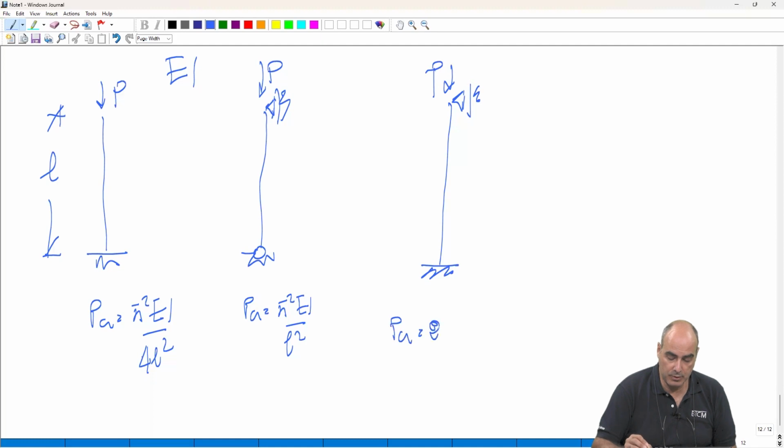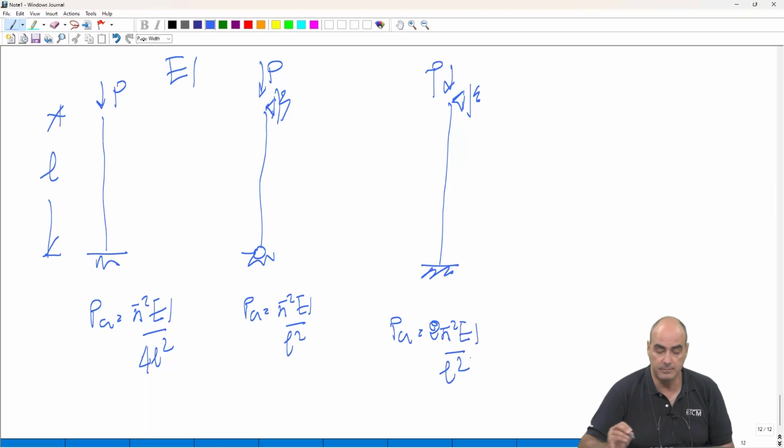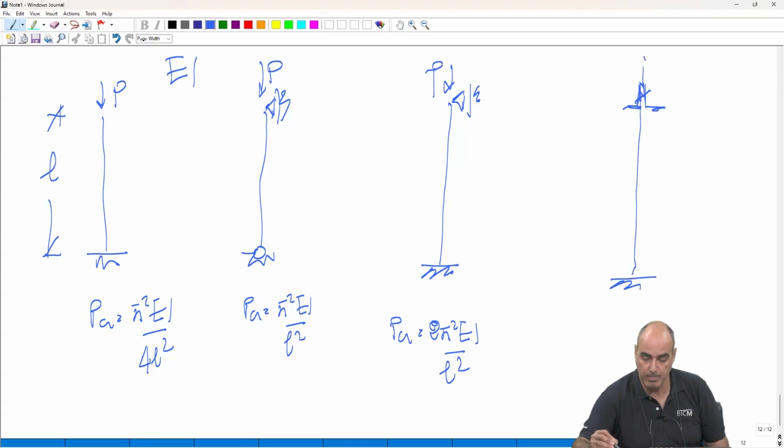Then P critical 2 pi square EJ over L square. Then P critical 4 pi square EJ over L square.